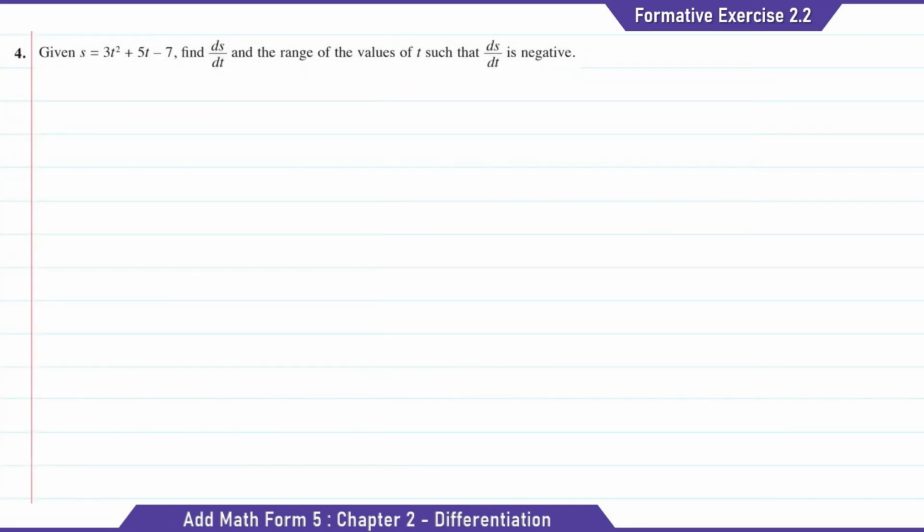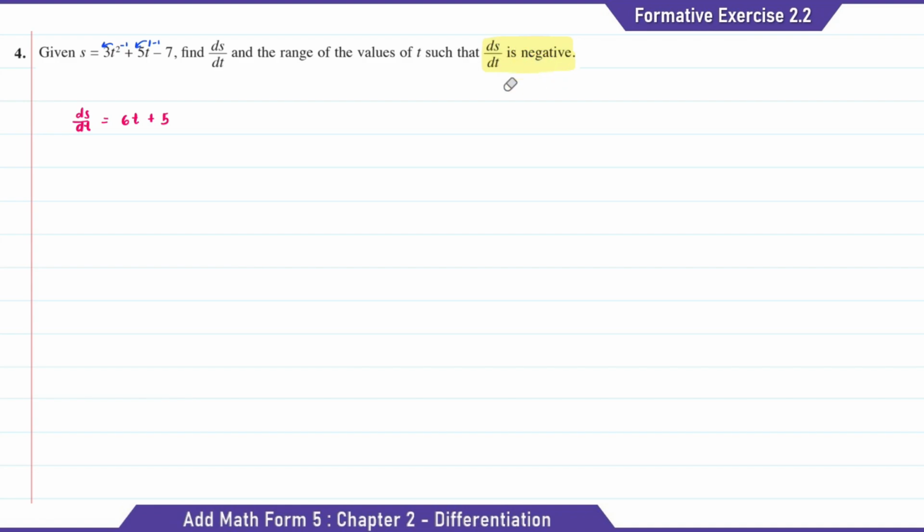Question number 4. Given s equal to 3t squared plus 5t minus 7. Find ds/dt and the range of the value of t such that ds/dt is negative. So here ds/dt is equal to 6t plus 5. Next, ds/dt is negative.